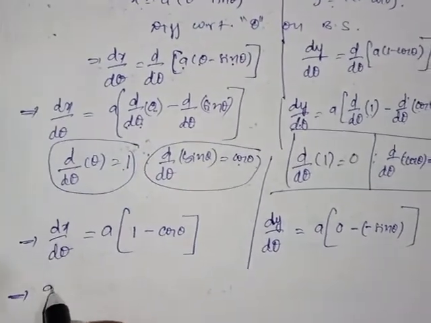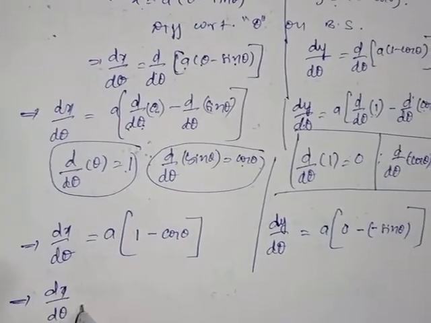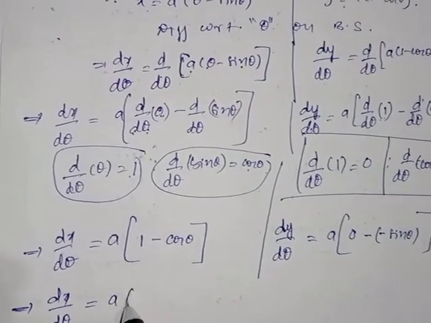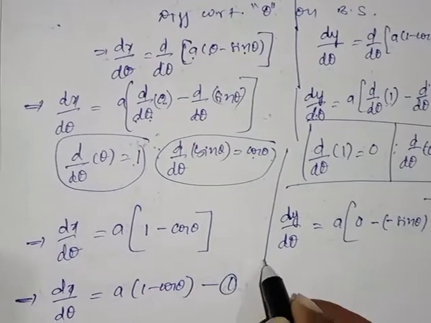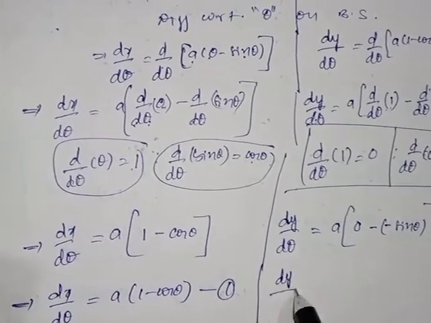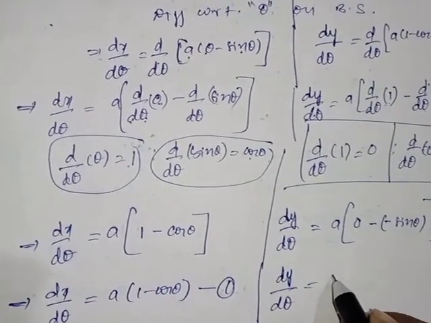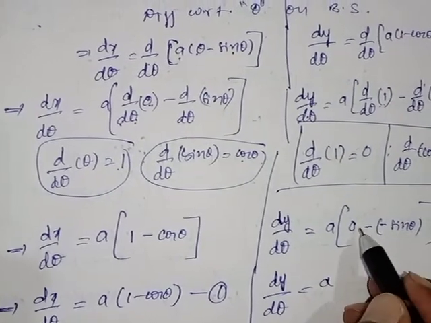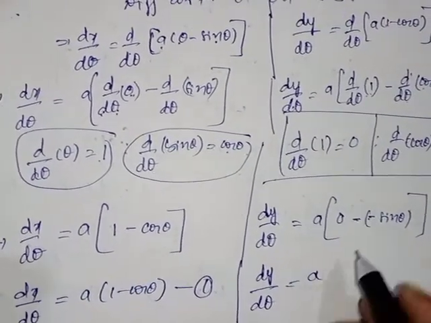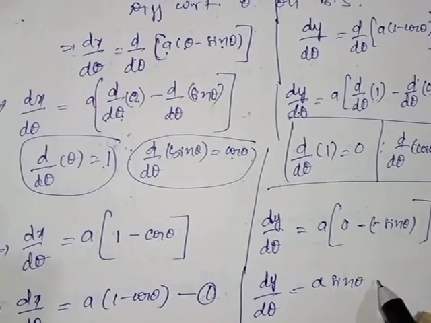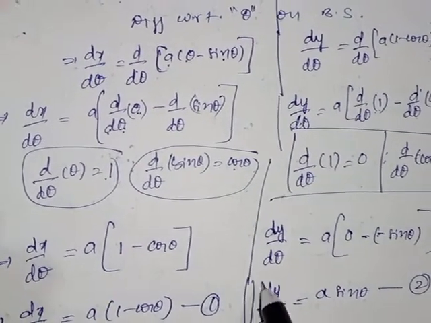That is, dx/dθ = a(1 − cos θ). Consider it equation number 1. Next, dy/dθ = a times, 0 minus anything is the same, so minus into minus is plus sin θ. Consider it equation number 2.